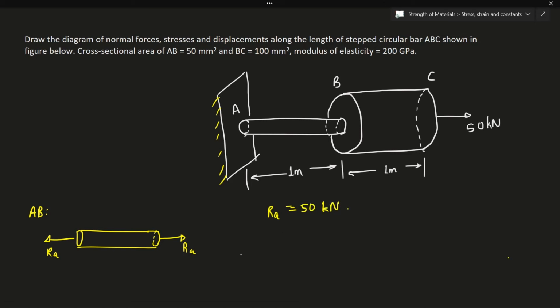Okay, now with this I can solve for the stress sigma AB. So sigma AB will be given by load divided by the cross-sectional area, that is nothing but 50 into 10 to the power of 3 divided by the cross-sectional area of AB, which is 50 mm square. So which is nothing but 1000 Newton per mm square.